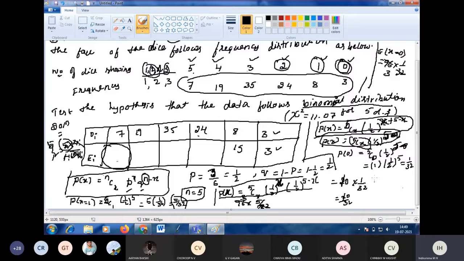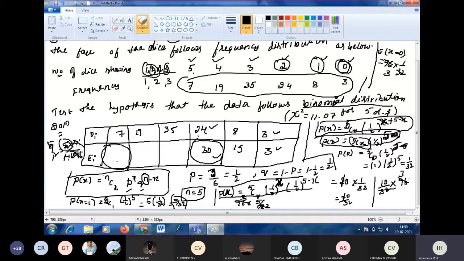What should we do to get the frequency? Multiply with 96. 32 3s are 96, that is 30 I got. But the observed value is 24, and the expected value is 30.